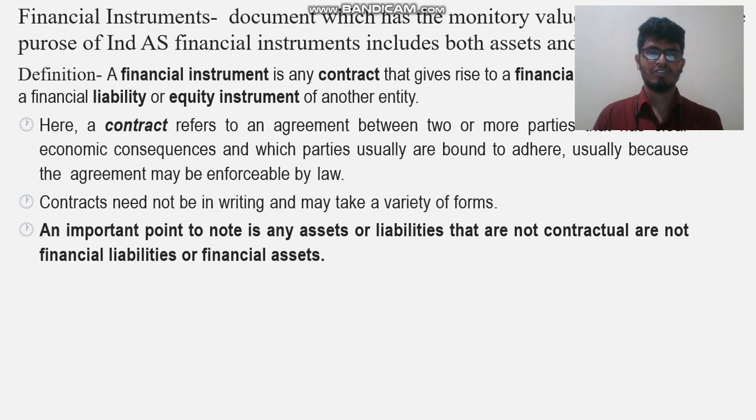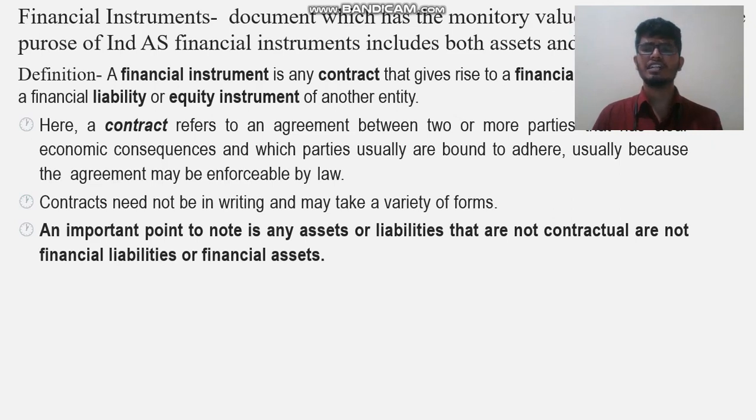So, the financial instrument either may be an asset or may be a liability. If it is an asset for one particular company, that will be a liability or equity for another company or another party.